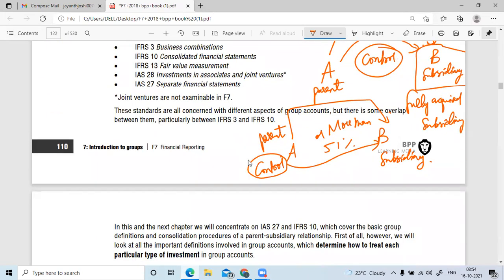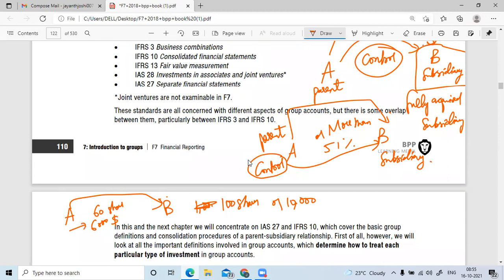Suppose B has a capital of 10,000, and A has $6,000 worth of investment in B, or acquired 60% stake in B. So A would be called parent or holding, and B would be called subsidiary.